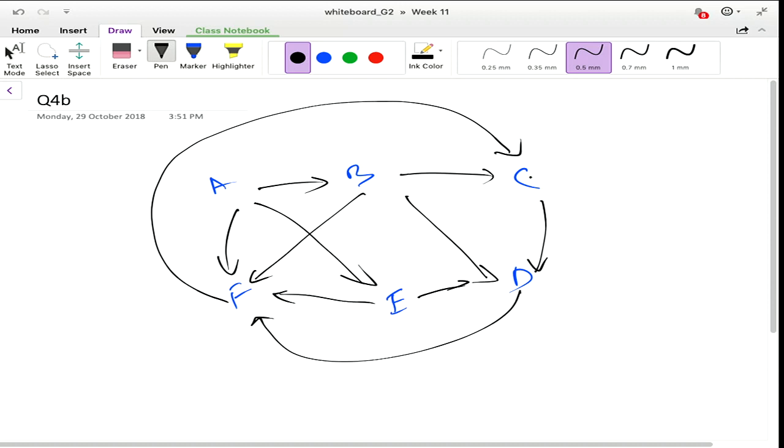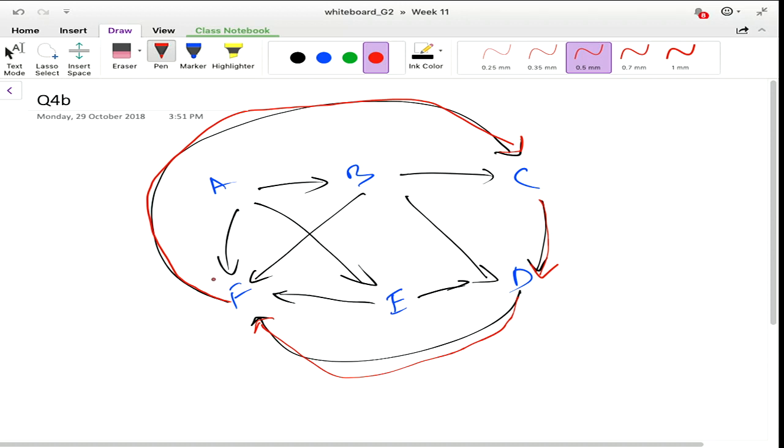Is C involved in a cycle here? Yes. If you follow the outer lines here, there is a cycle. F going to C, C going to D, D going to F. Now this is a cycle.